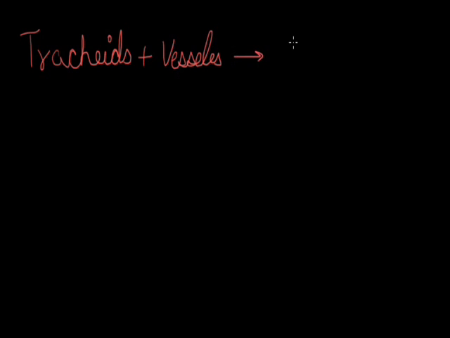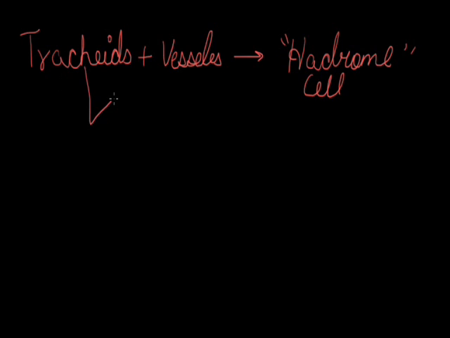Next we are talking about some important things. Tracheids and vessels together are known as hadrom cells, as they originate from the same mother cell.